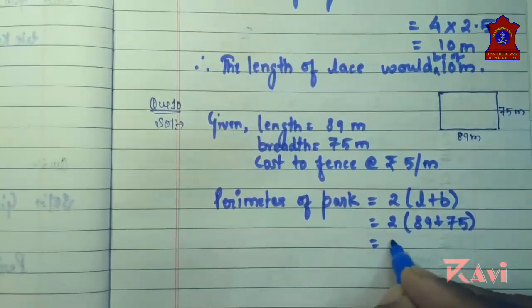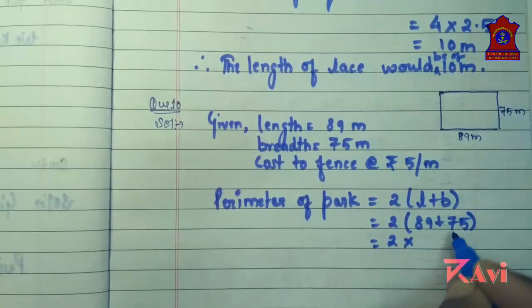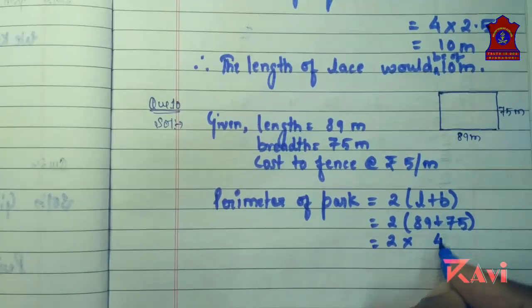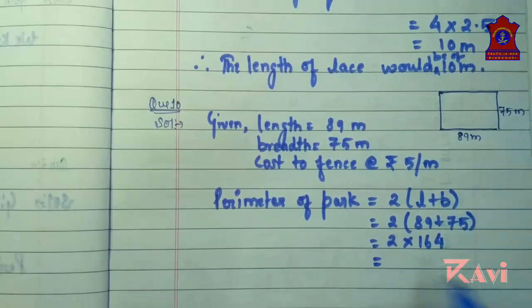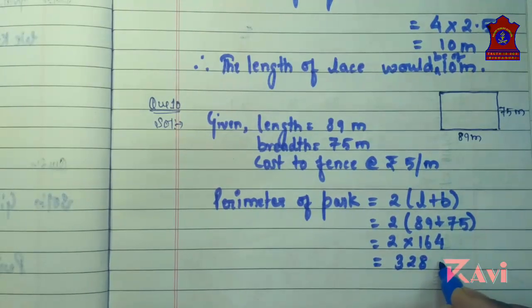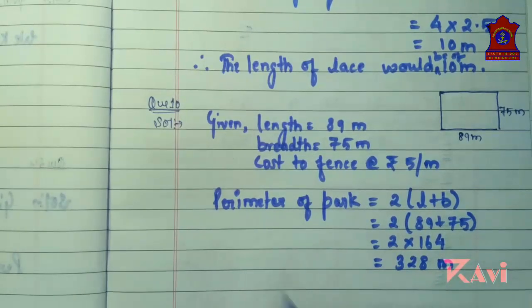Okay, now add these two: 9 plus 5 is 14, 8 plus 7 is 15, plus 1 is 16, so 164. 2 into 164, how much? 2 4s are 8, 2 6s are 12, 1 goes here, 2 1s are 2, plus 1 is 3, 328 meter. So we are getting the perimeter of the park as 328 meter.